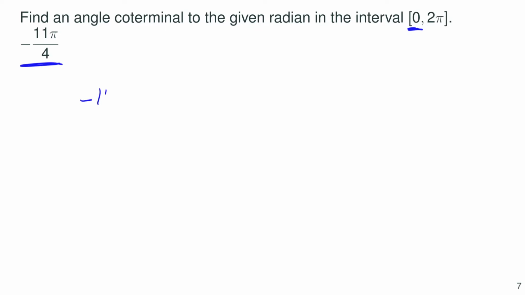So let's start with negative 11 pi over 4. We're going to add 2 pi. In order to add these two numbers, we need a common denominator. So instead of 2 pi, I'm going to write 8 pi over 4, which gives me negative 3 pi over 4.